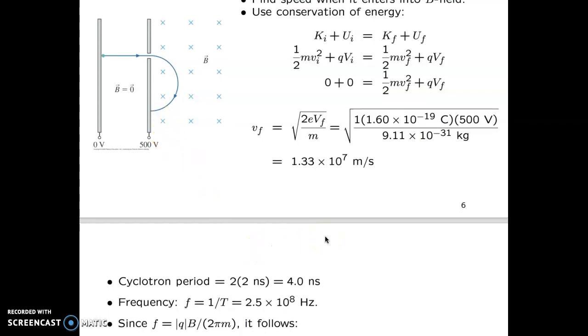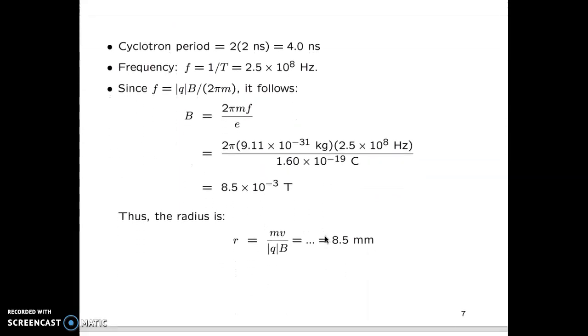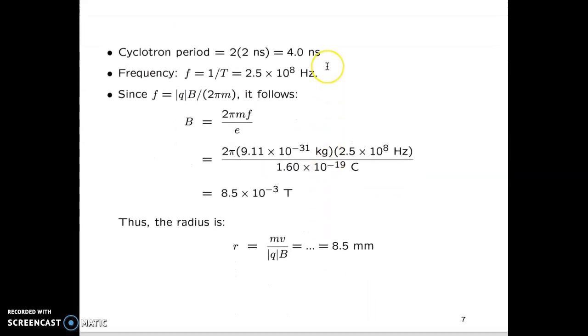So the cyclotron period, the period of the motion of the charge undergoing circular motion in the uniform magnetic field, will be twice the time it takes to go through a semicircle. So that means it will be 4 nanoseconds.